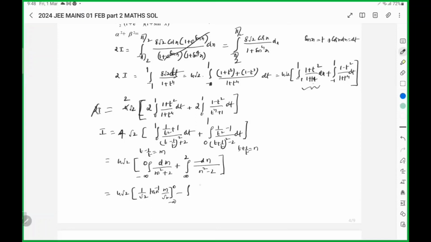This is of the form x square minus a square, 1 by 2a log of n minus 2 by n plus 2, between the limits infinity and 2. Tan inverse 0, 0 minus minus infinity, we get here plus pi by 2.